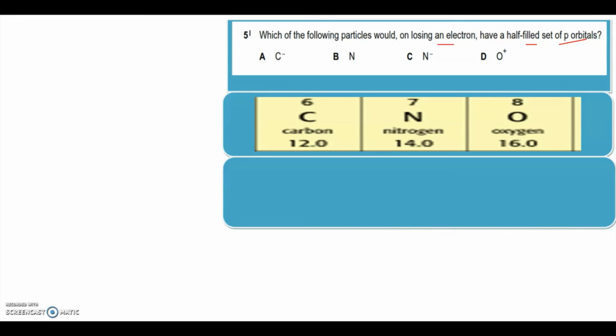As you know, carbon has 6, in C minus it has 6 plus 1, 7 electrons, but on losing one it will become 7 minus 1, 6 electrons in it. So what is the configuration of this carbon particle?